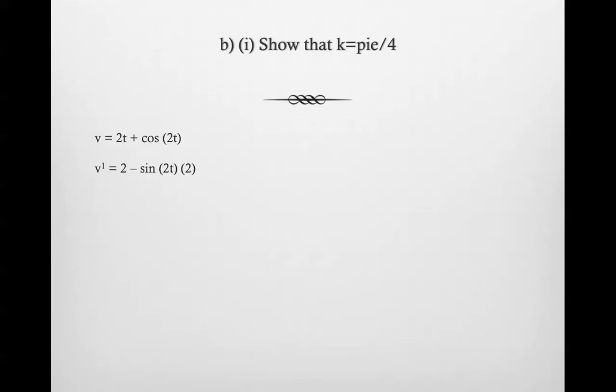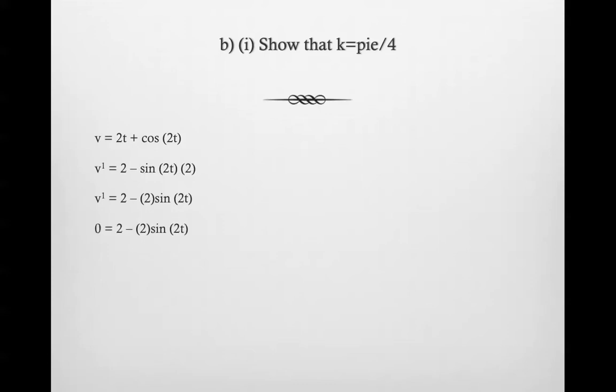So we know that the velocity equation is equal to 2t plus cos 2t, and in order to find acceleration, we need to find the derivative of the velocity equation. Therefore, v prime equals the derivative of 2t is just 2, and the derivative of cos 2t is minus sine 2t times 2. Therefore, acceleration equals 2 minus 2 sine 2t.